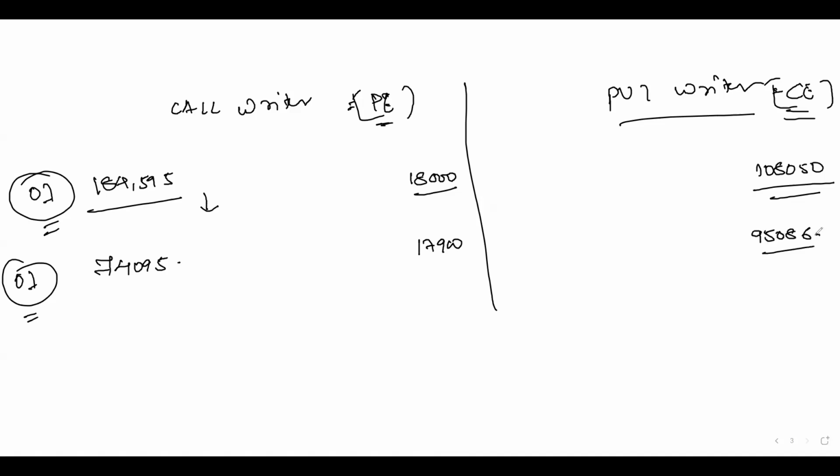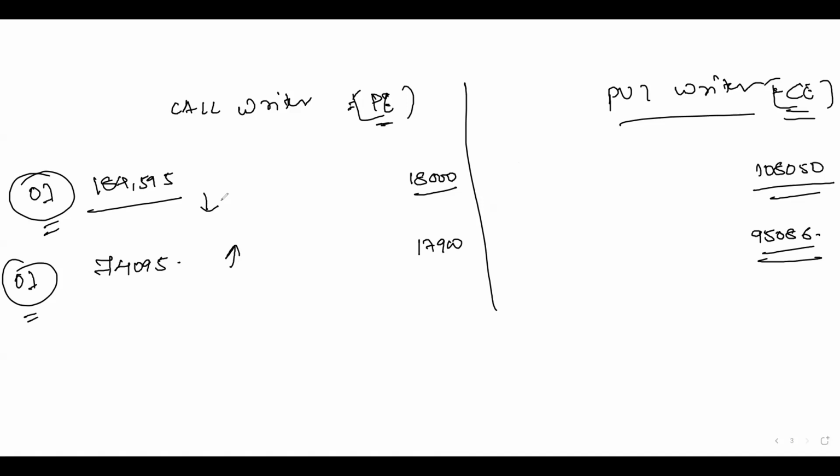So this shows the Nifty is going to open above 17,900 and below 18,000. You have to only see this data on the option chain website. Call writer data is equal to put for us and put writer data is equal to call for us.